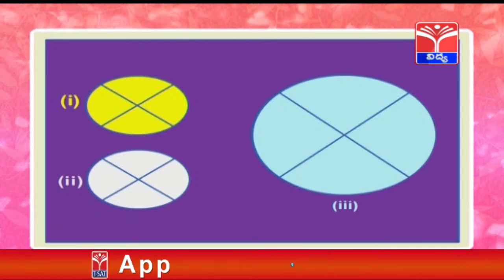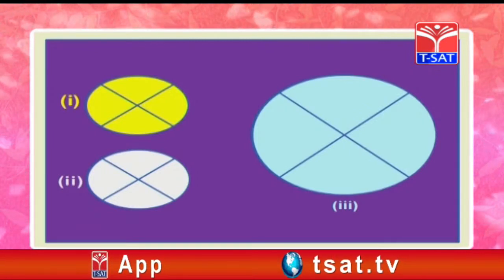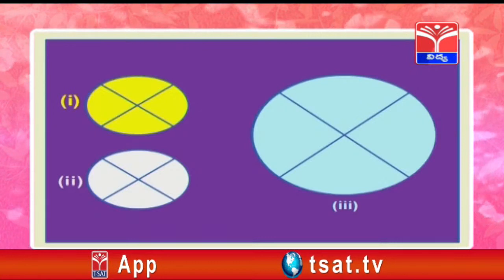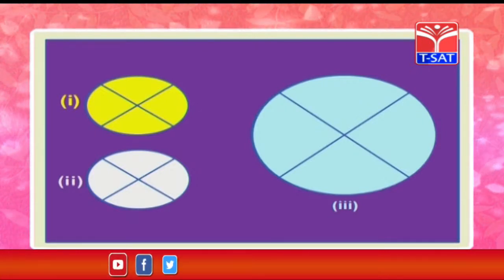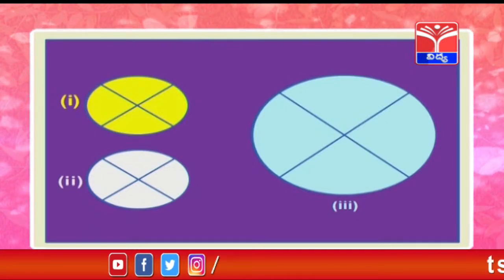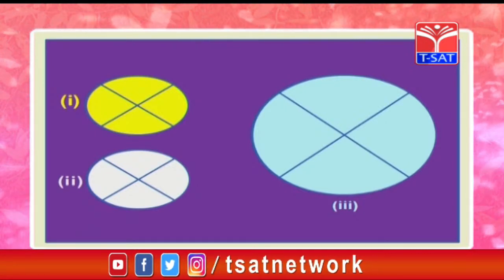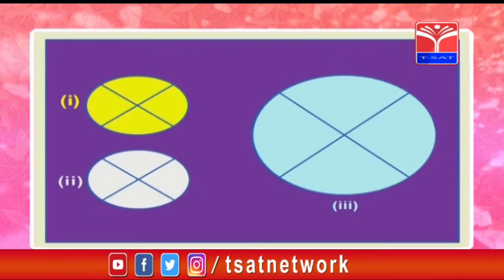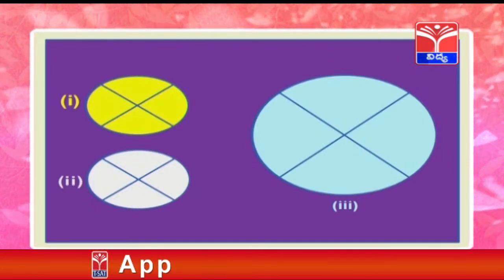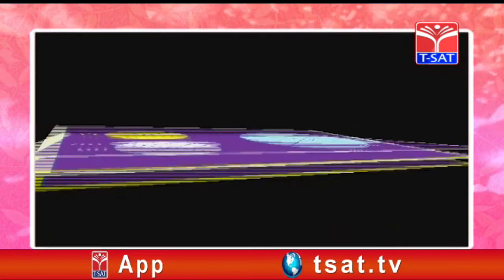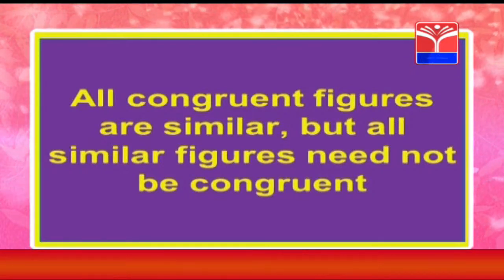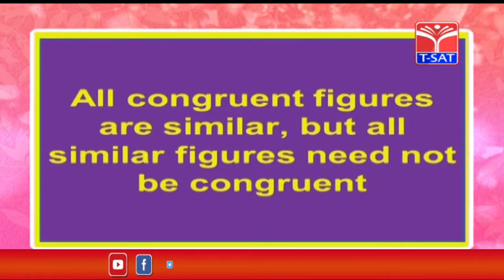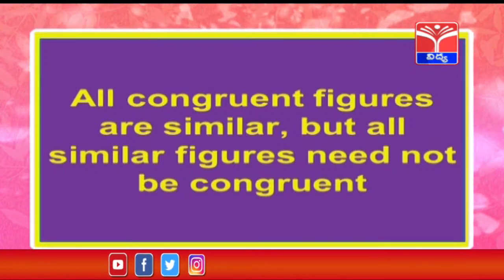We say that first and second figures are congruent, but first and third figures are not congruent. But we say first and second are similar and first and third are also similar as they have same shape. So, we can say, children, all congruent figures are similar, but all similar figures need not be congruent.